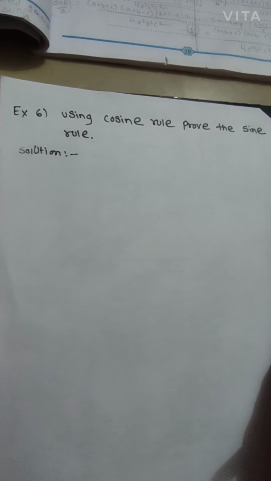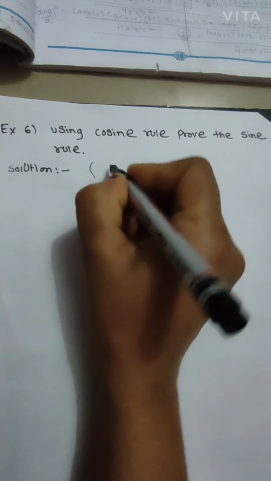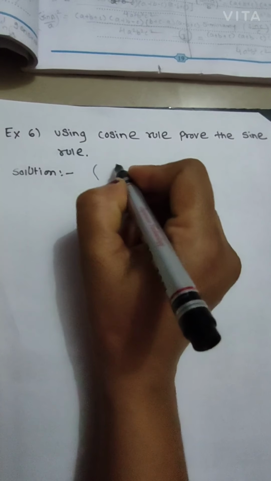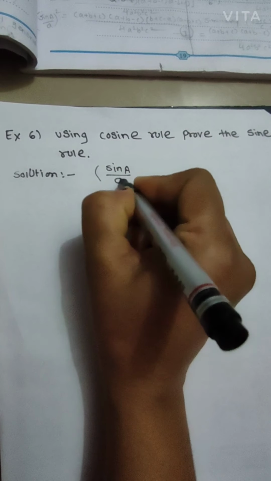Now here is example number 6: using the cosine rule, prove the sine rule. And how to solve this? Let's see. According to the definition of the sine rule, we have this thing.